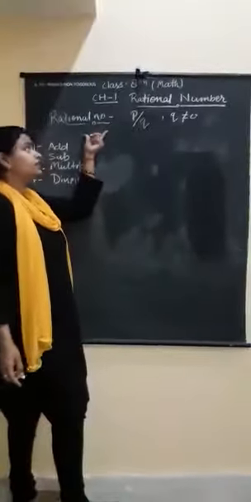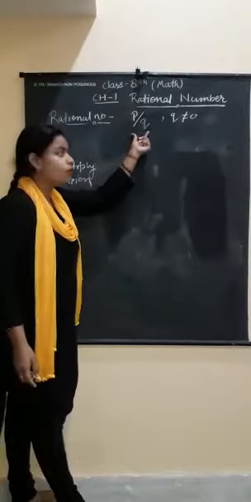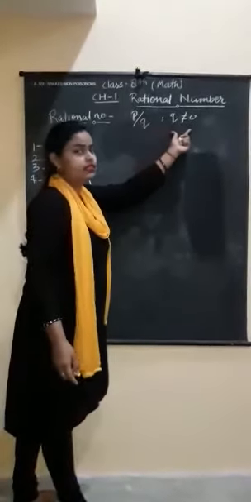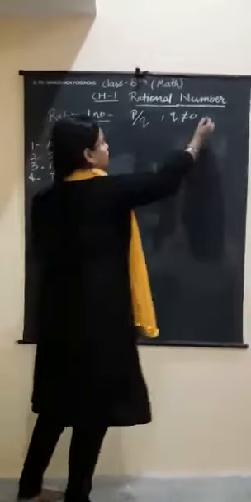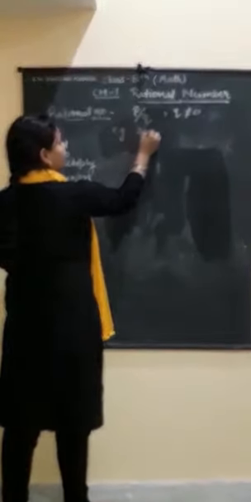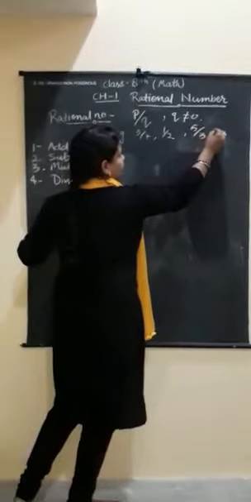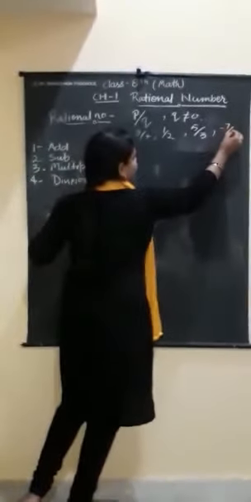Examples of rational numbers are 3 by 4, 1 by 2, 5 by 3, minus 7 by 1. All these numbers are rational numbers.